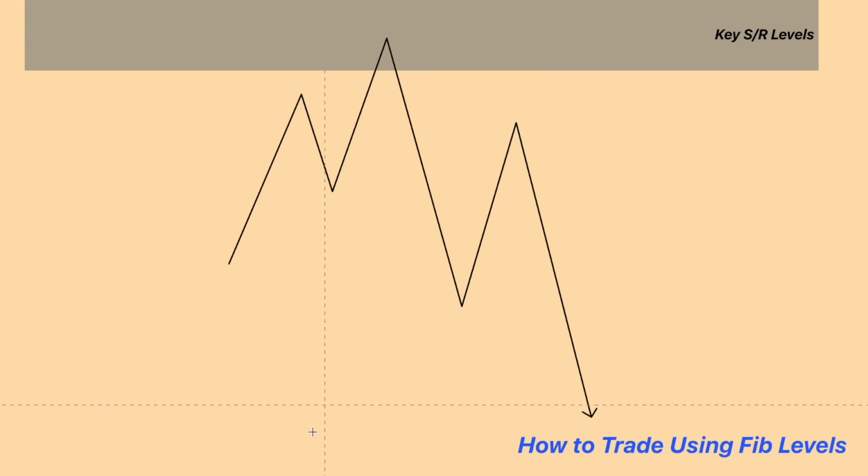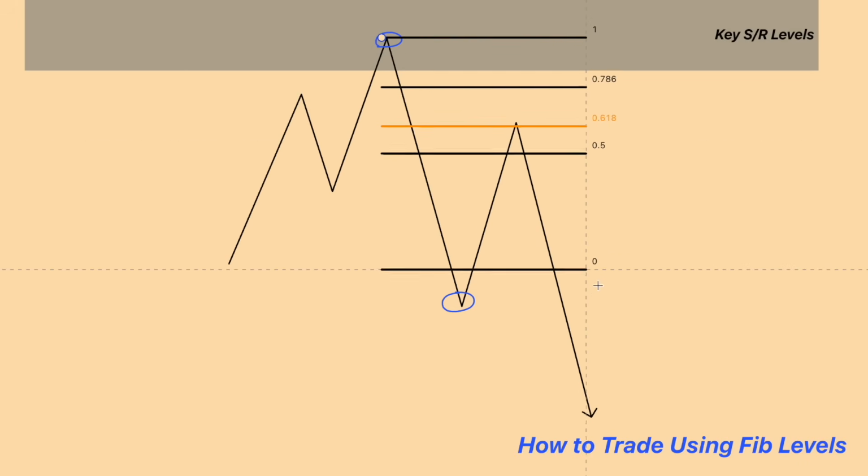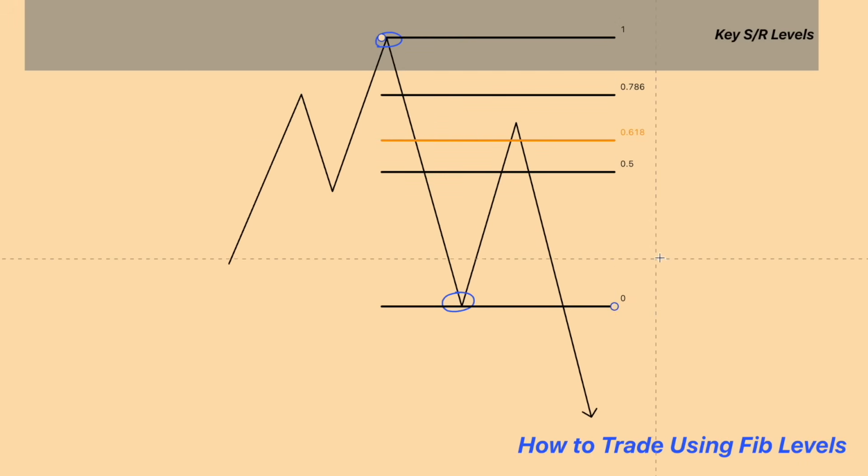What you can then do in that instance is anchor your point A and your point B and look to enter on a retracement into the continued sell-off after the reaction at your key SNR level.